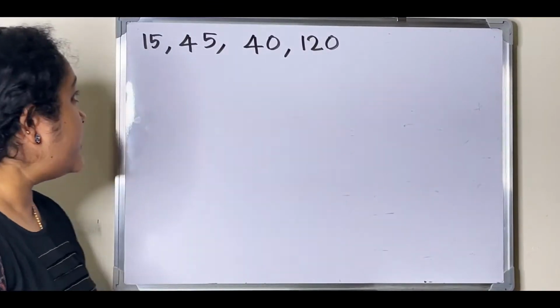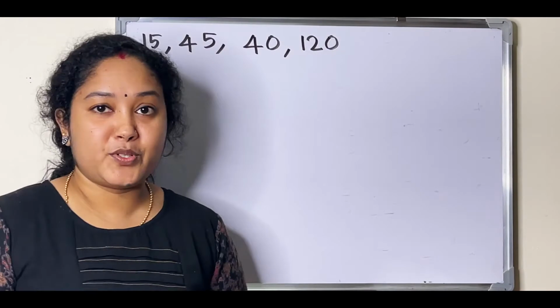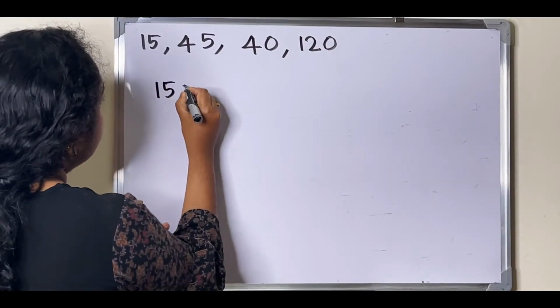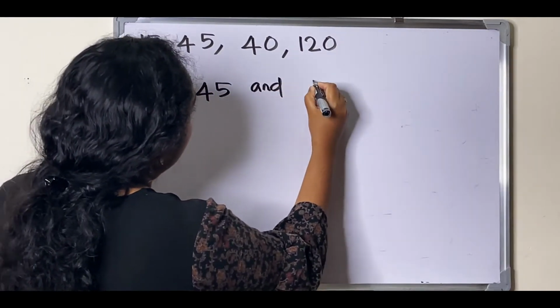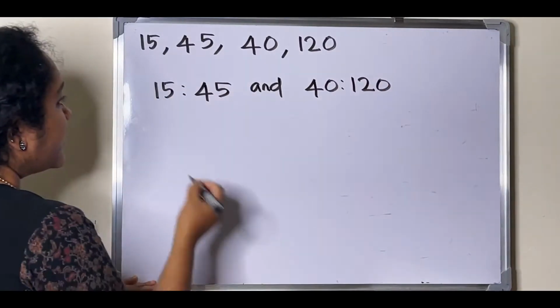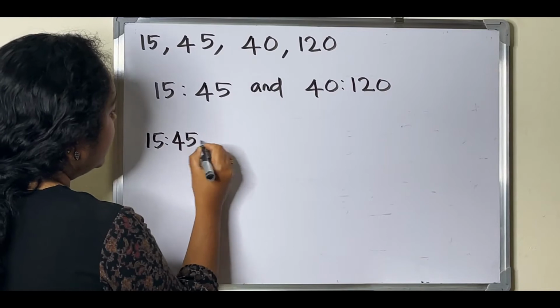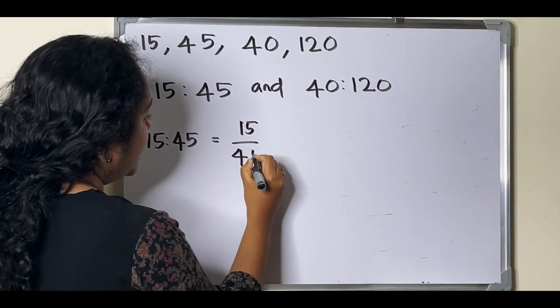Next example is determine whether the numbers 15, 45, 40, 120 are in proportion. The ratios are 15:45 and 40:120. Then 15:45 is equal to 15 by 45.